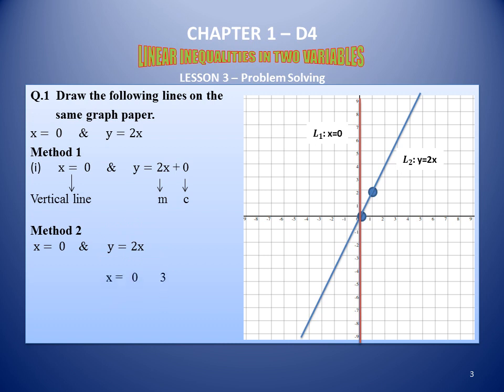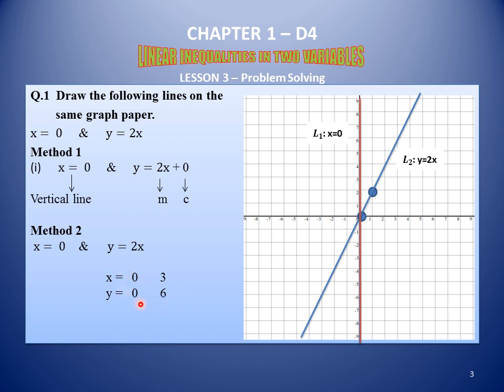We will take any two values of x, and for those values of x we will find the values of y. When x is equal to 0, putting 0 in this equation, we get y is equal to 0. When x is equal to 3, putting this value of x in this equation, we get y is equal to 6. Now we will plot these 2 points on the graph.